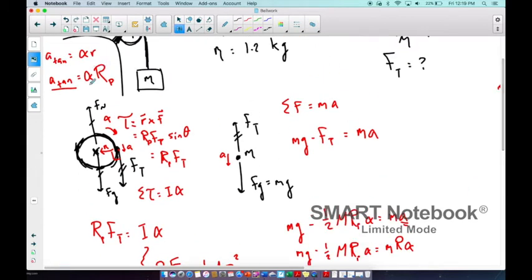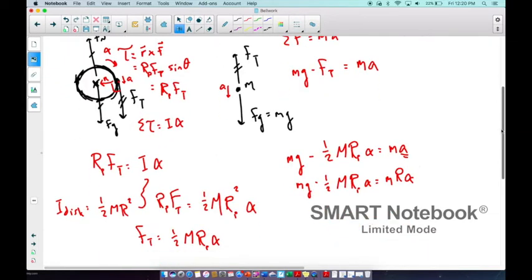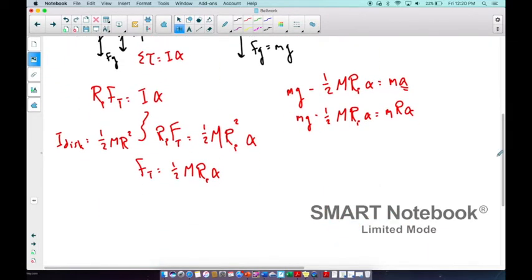Remember, that's how you get from tangential quantities to angular quantities: you multiply the angular quantity by R, the radius of the pulley.